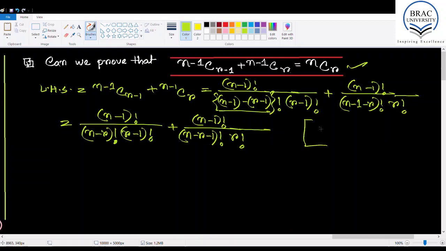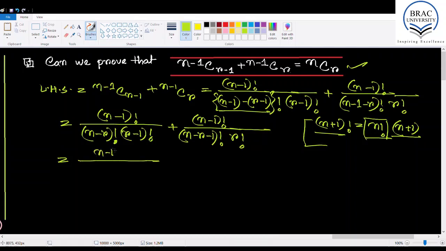At first we got that (n plus 1) factorial equals (n plus 1) into n factorial. Can you remember that? So n factorial into (n plus 1) equals (n plus 1) factorial, right? So here we can have something common. (n minus 1) factorial is common to both of these terms.